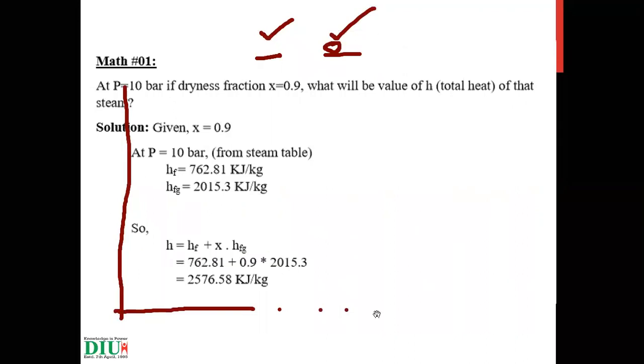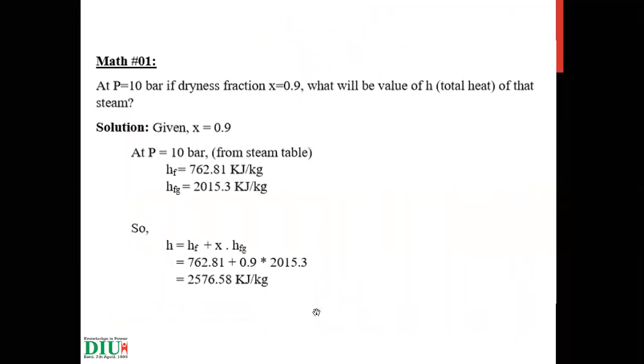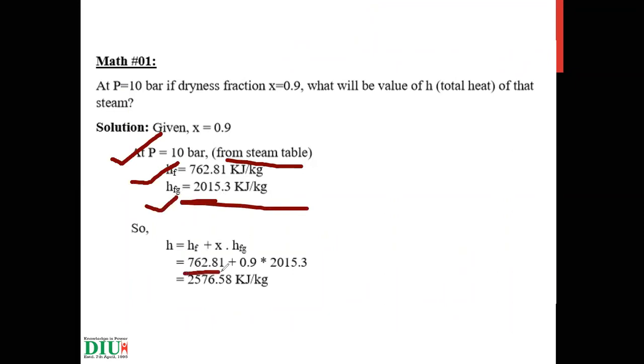You see that at P equals 10 bar, from the steam table I just showed you, the values of HF and HFG are given. After that we put all these values here and finally we get the total heat of that wet steam.